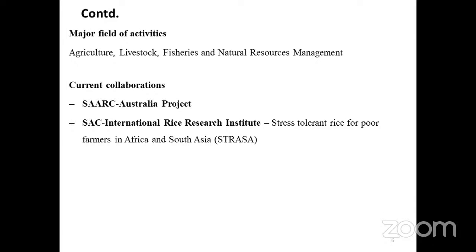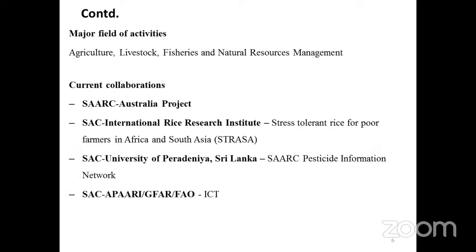These are the major areas: agriculture, livestock, and fisheries. These are some of the current collaborations they have with Australia, then IRRI, Philippines, then with Sri Lanka.